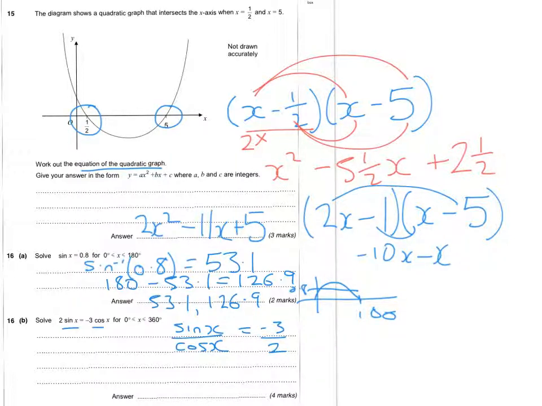So I have divided by 2, divided by cos x. I know that sine over cos equals tan, so that is tan x equals negative 1.5.